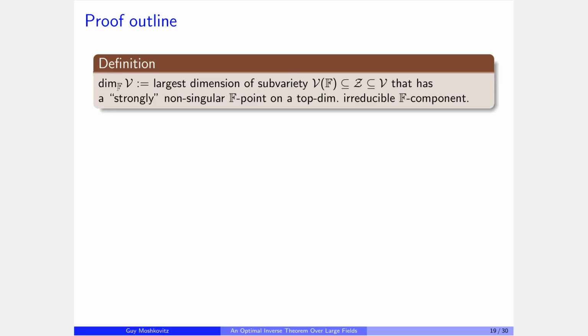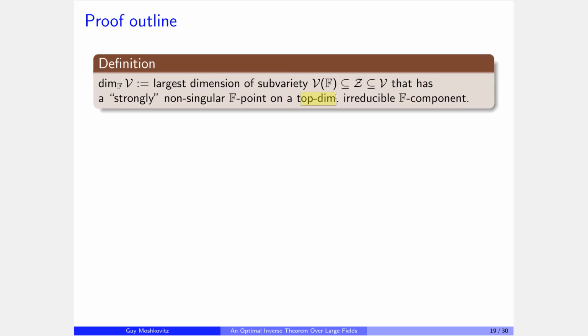Here's the definition. It might seem a bit mysterious at this point. It's the largest dimension of a subvariety. So you start with a variety V. We're talking about a subvariety Z that, even though it's a subvariety, still contains all the F rational points of the original variety. We also want it to have these interesting properties.